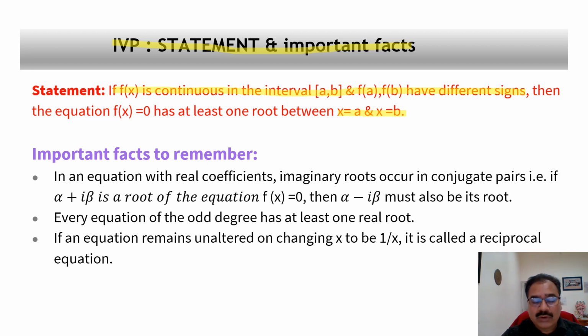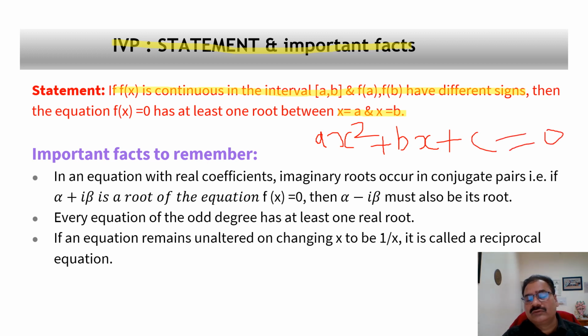Some important facts, as we know. Let us suppose you are dealing with a quadratic equation or a polynomial: ax square plus bx plus c is equal to 0, or any cubic, or an equation of power 4, power 5.